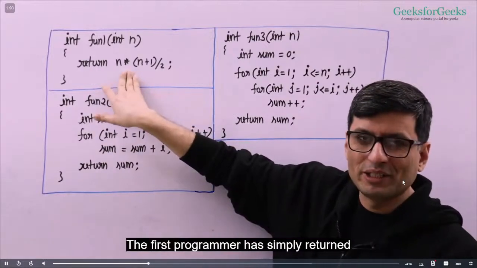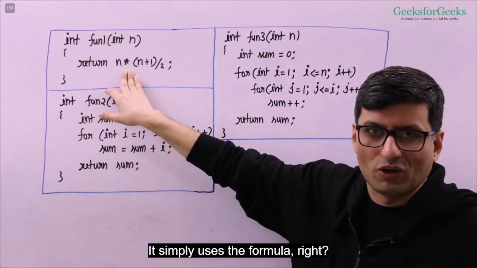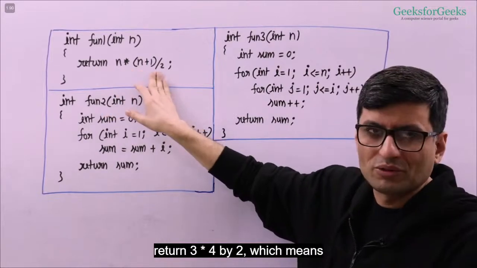The first programmer has simply returned n into n plus 1 by 2. It simply uses the formula, right? If n is 3, we are going to return 3 into 4 by 2, which means 6, right?